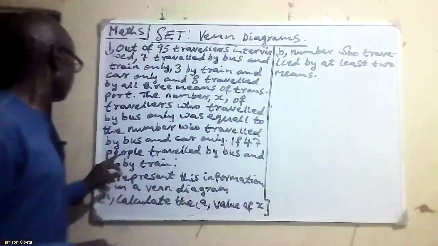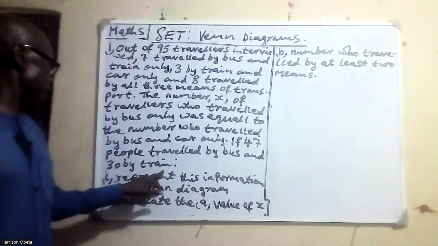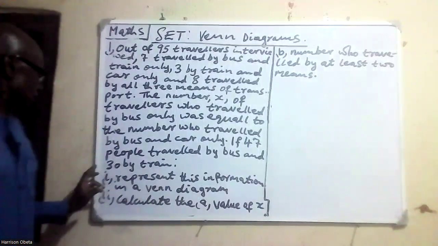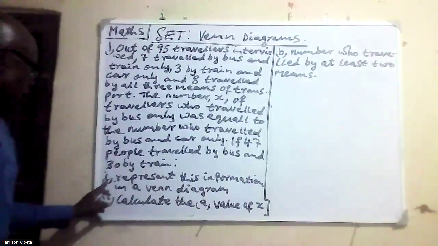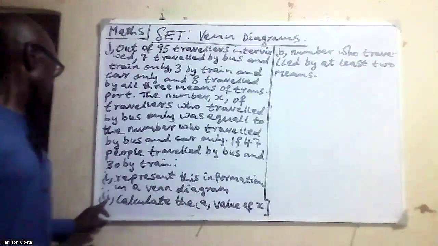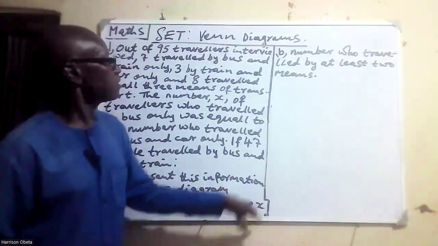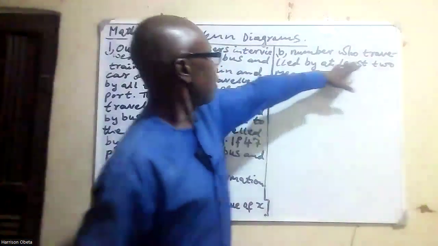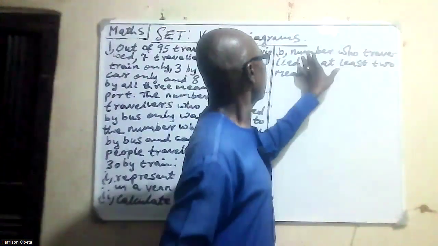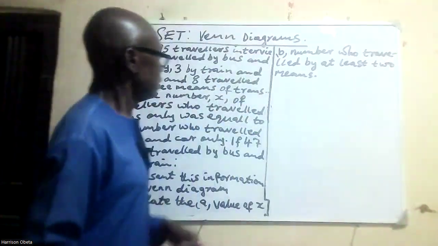If 47 people traveled by bus and 30 by train, A, represent this information in a Venn diagram. B, calculate the value of X. C, the number who traveled by at least 2 means.